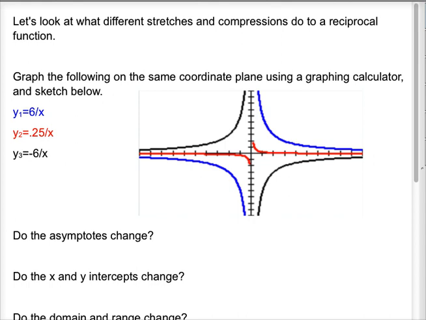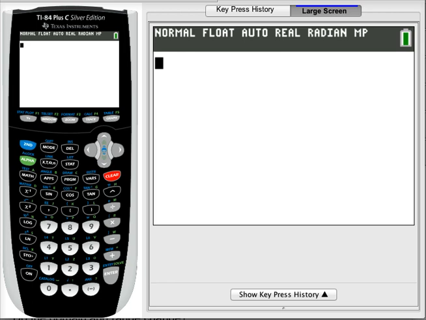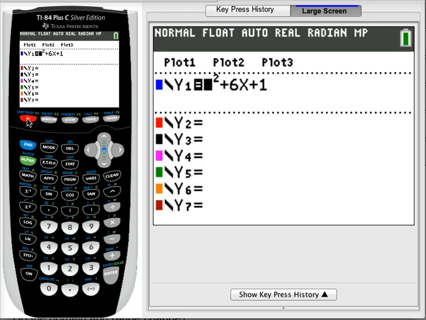And we are going to graph 3 of these. All right? So to graph, we need to go into our y equals. Now, if we're doing 3 graphs, I'm going to be using 3 different lines of these because I want to superimpose those graphs on top of each other.